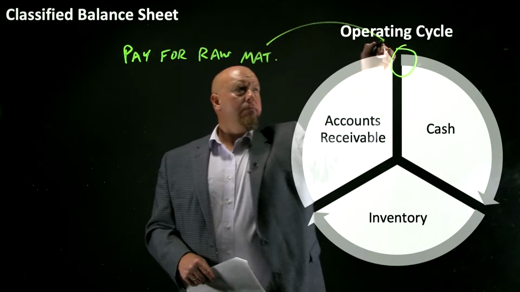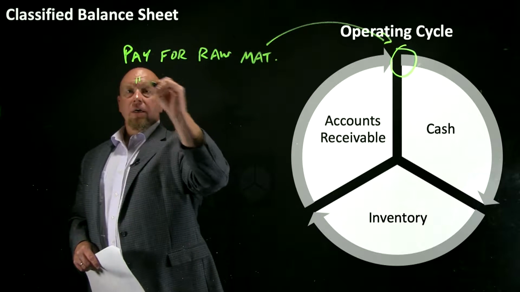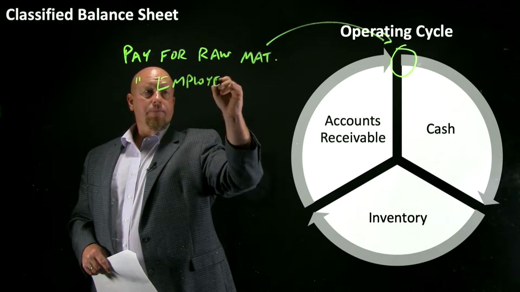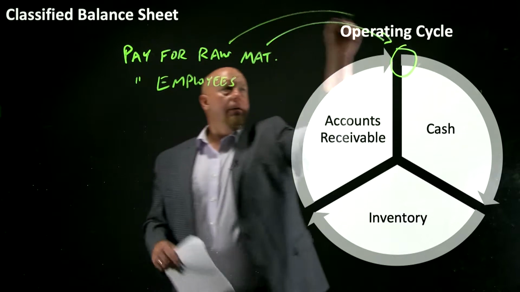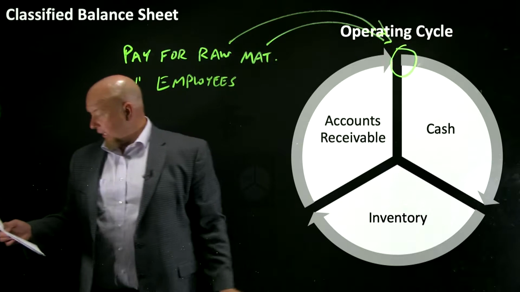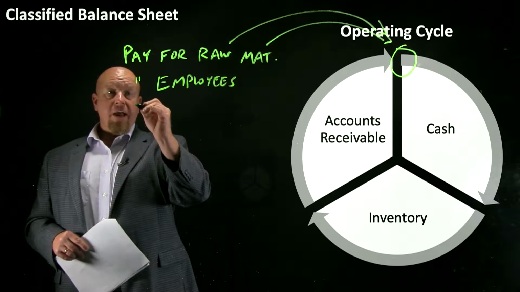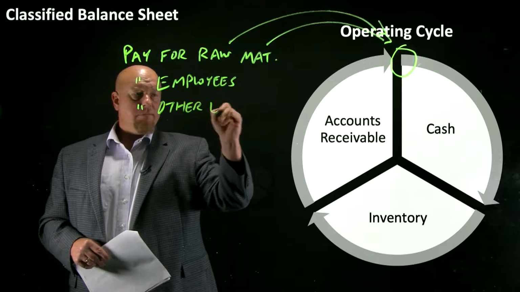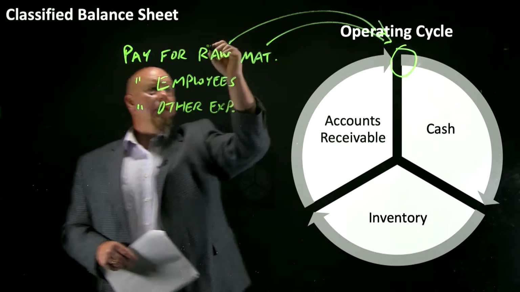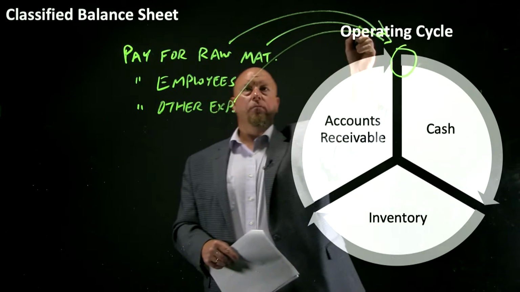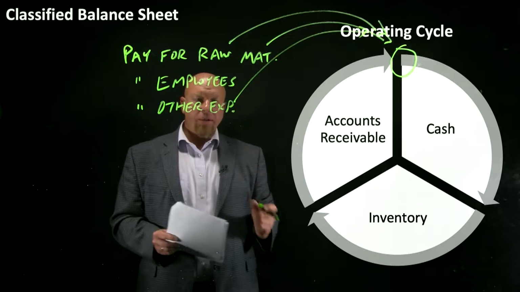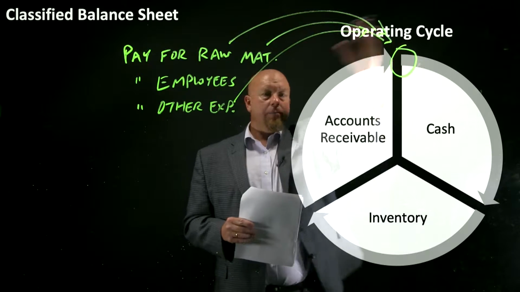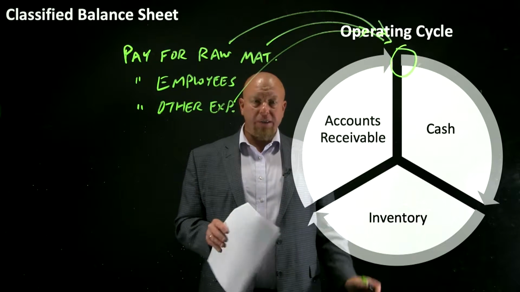And that would be spending some cash. They may also have to pay their employees. Again, we're spending cash. They may have to pay whatever other operating expenses. Again, this requires cash. So what we're seeing is the operating cycle begins when the company pays cash to begin its operations.